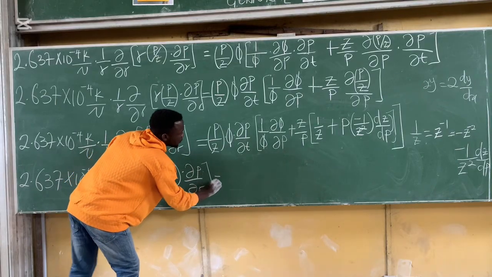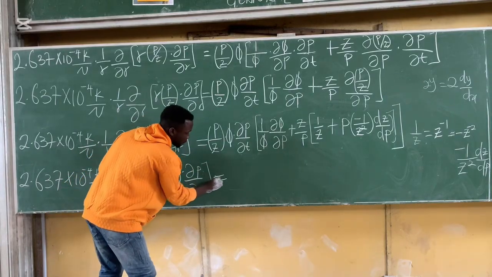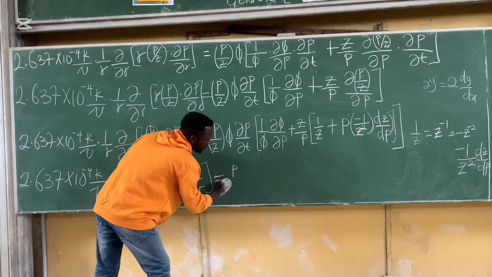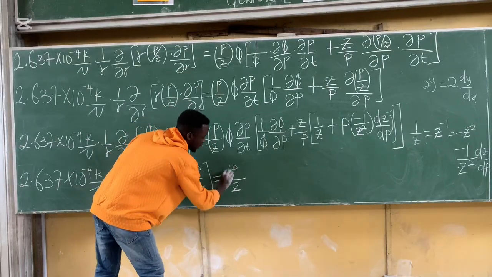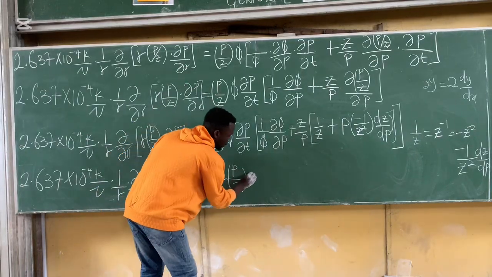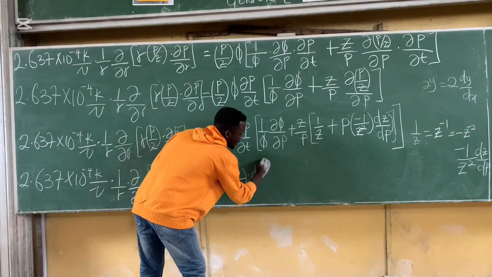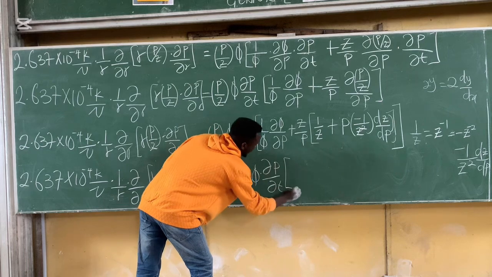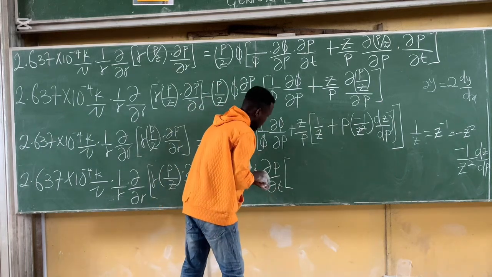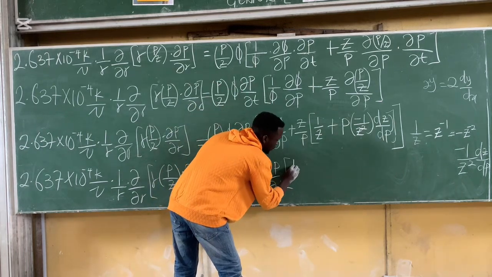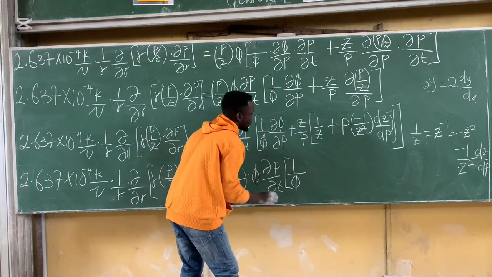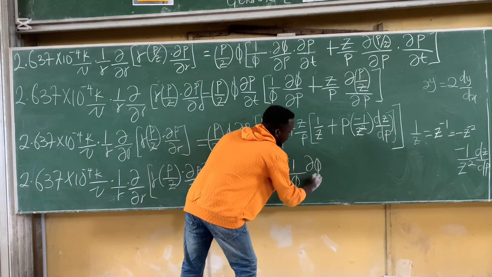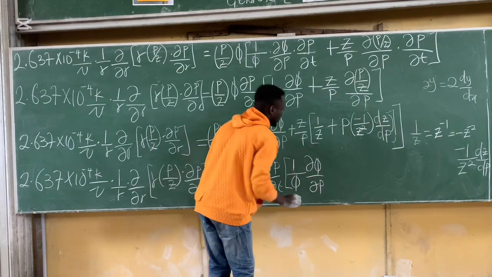So we have this. This will be equal to p over z in bracket times phi times dp/dt in bracket, 1 over phi, d phi/dp.